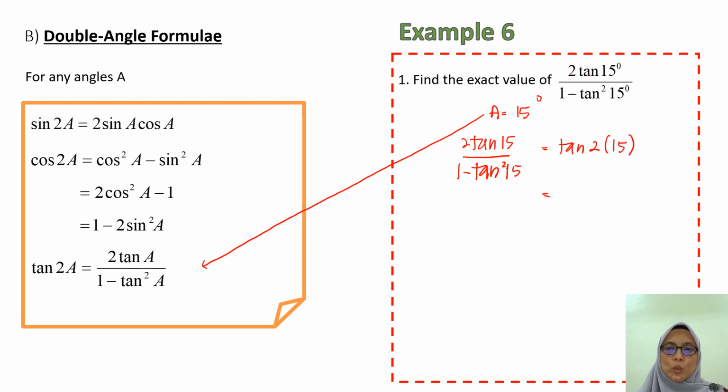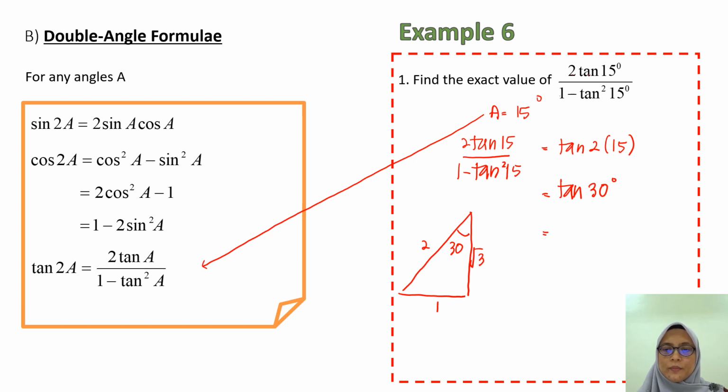So which is equal to tangent 30. Okay, so 30 is a special angle. So kita guna kita punya diagram. So this is 30. So 1, 2, root 3.